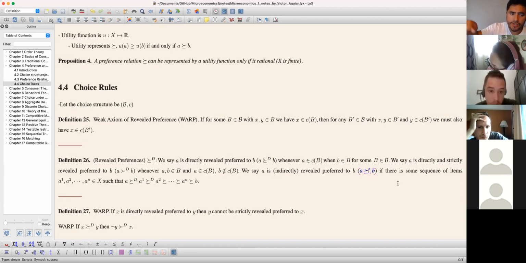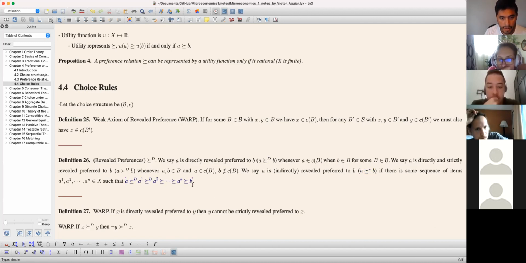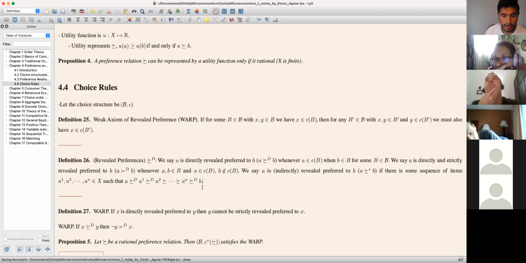If there is some sequence of items A1, A2, up to AN, such that there is a chain: A is directly revealed preferred to A1, A1 is directly revealed preferred to A2, and so on, AN is directly revealed preferred to B. Okay?